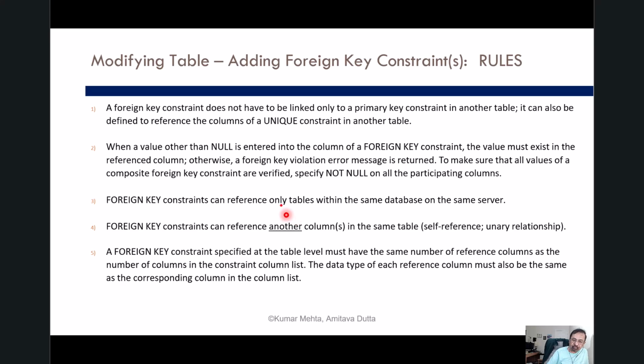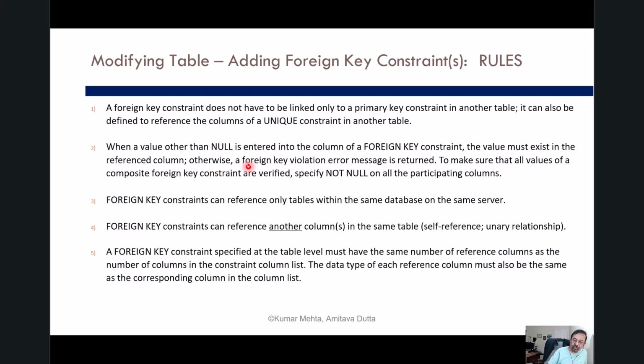Okay. So when a value other than null is entered into the column of a foreign key, so let's say you have specified a foreign key constraint, if a value is entered for the foreign key, then it must match the primary key value in the related table.